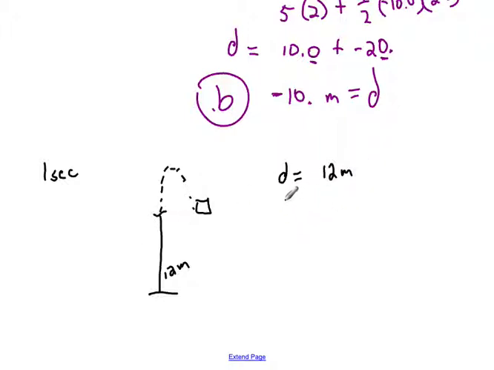I know the acceleration is going to be 10 meters per second squared. Since I'm saying acceleration is positive, it's going down. Acceleration due to gravity is going down. I'm going to say that's positive. I'm going to say this distance he's traveling is positive. That's key. We're going to say this distance is positive now.